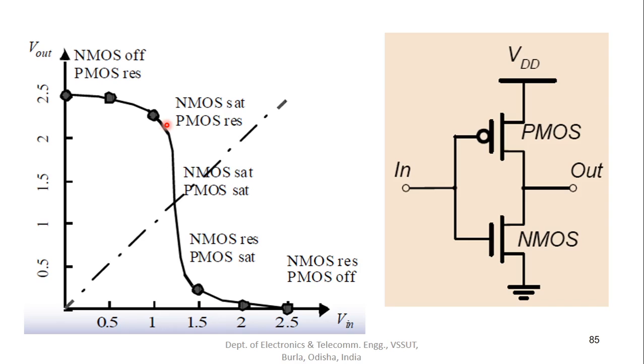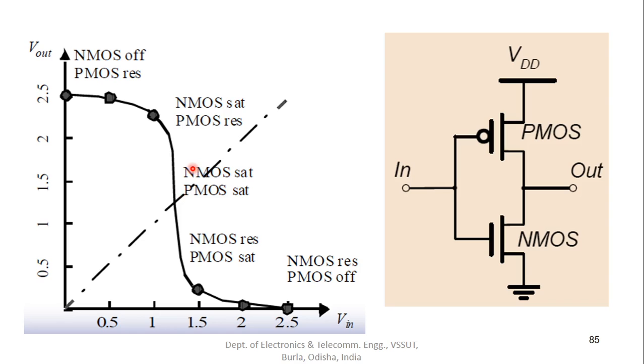As we move towards VDD along the x-axis, at this point one device is in saturation, the other device is in resistive. As we move forward, at this point both devices go into saturation mode.